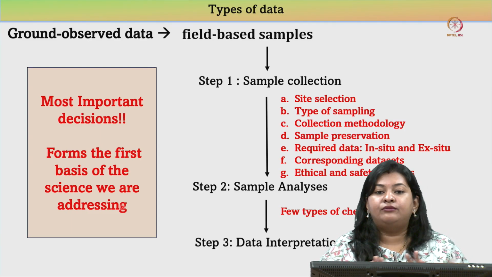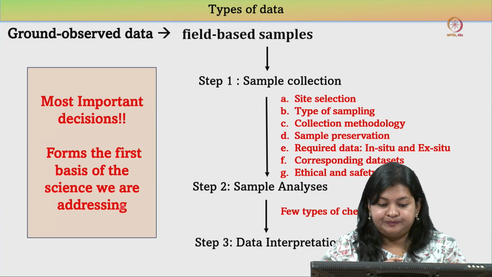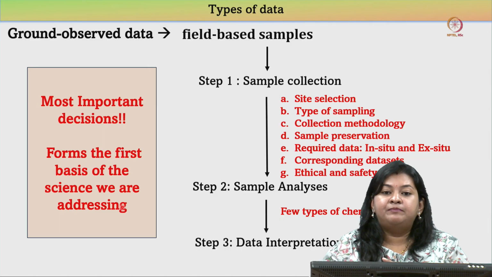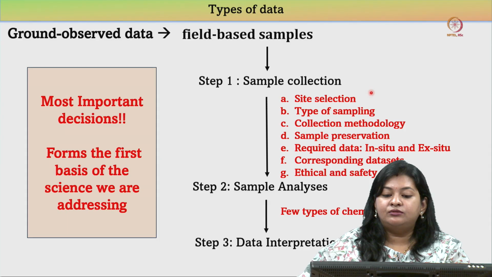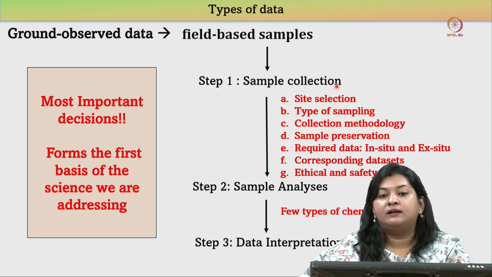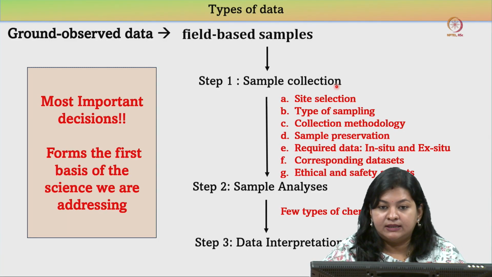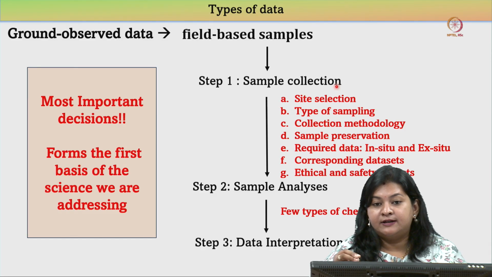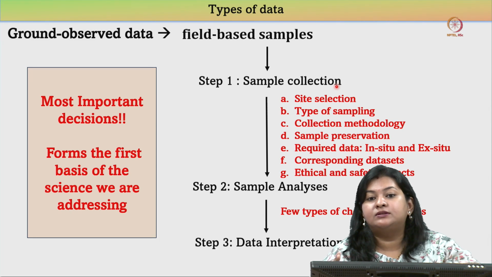All kinds of things need to be kept in mind when we are going for sampling field work. If I break this down, first we have to select the place where we want to sample. We have to find the proper place where we need to take the sample, which will give us the right kind of data that would help us solve that problem.